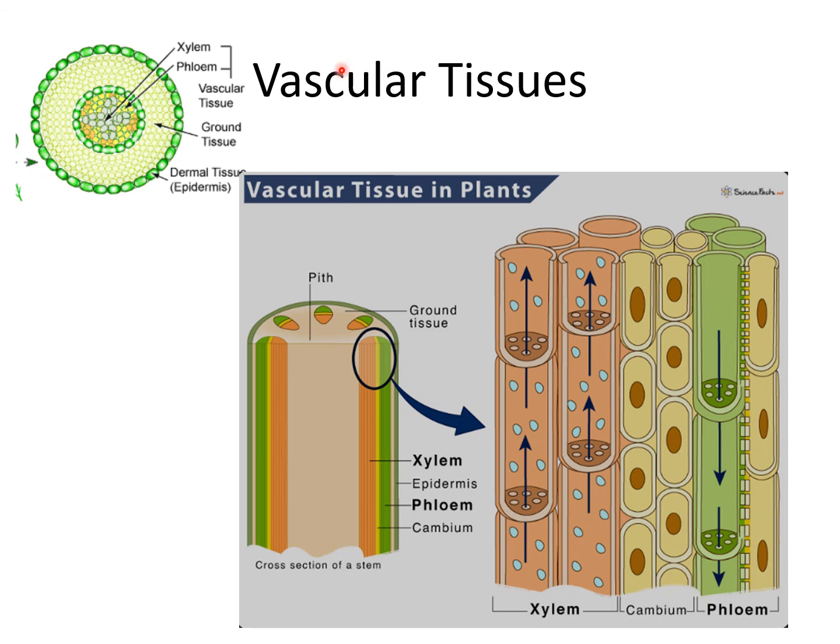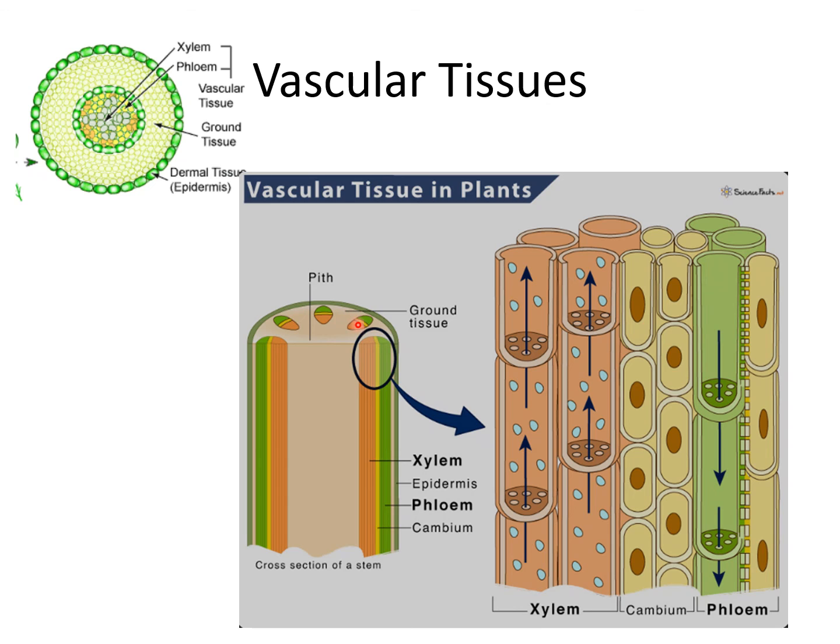The ground tissues are present in the centralmost part of the section. If you enlarge this particular centralmost portion, you might see this kind of arrangement where phloem and xylem is arranged. The arrangement of xylem and phloem can be different in different plants.